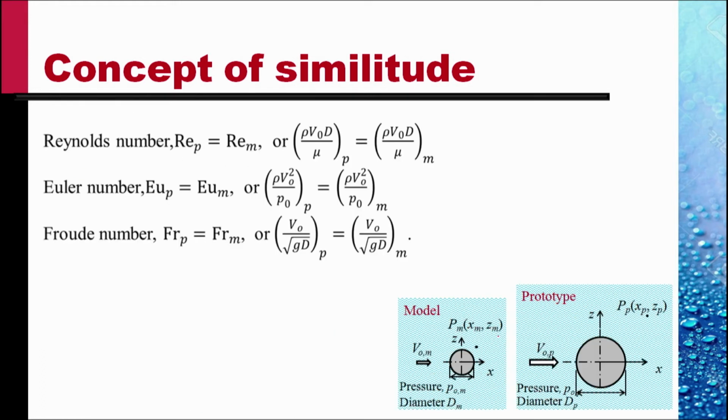So, if the two experiments are to be similar, if the two flows have to be similar, the Reynolds number should match. That is, rho V naught d by mu of the prototype should equal rho V naught d by mu of the model. Similarly, for the Euler number and Froude number.